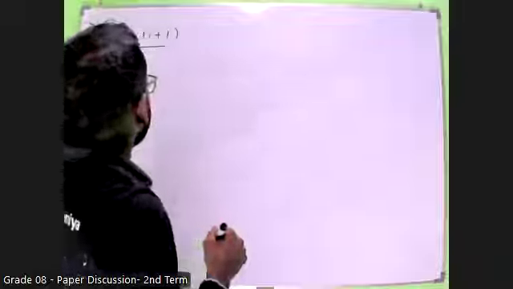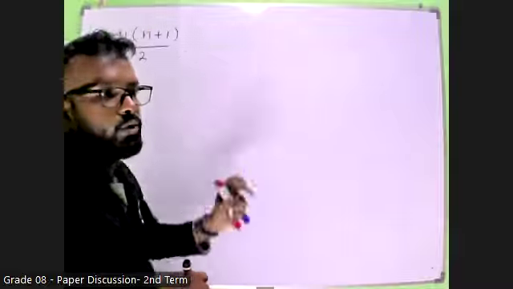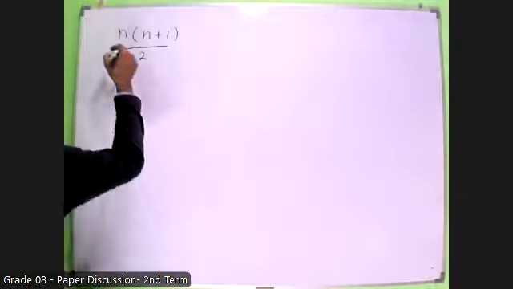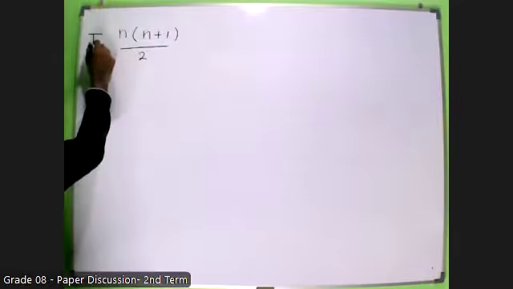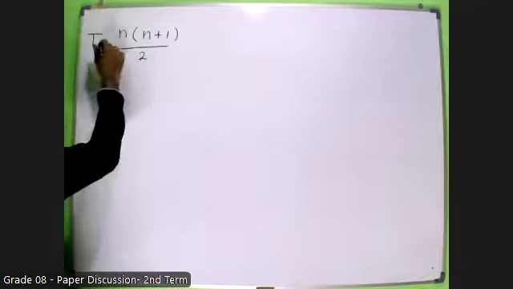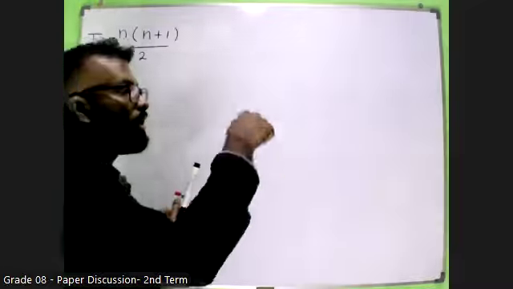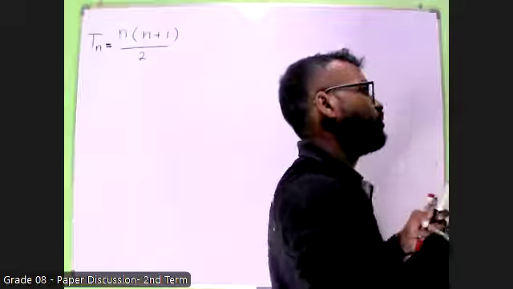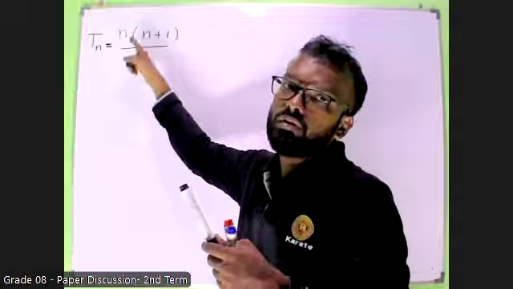This should be n times n plus 1 divided by 2. So this is the general term. General term can be written as Tn. Tn equals n times n plus 1 divided by 2. So this is how we are going to write down the general term.